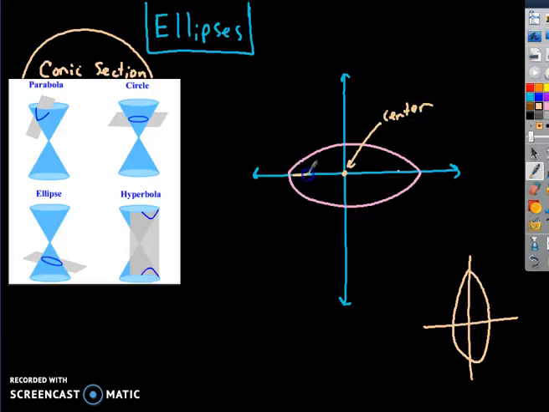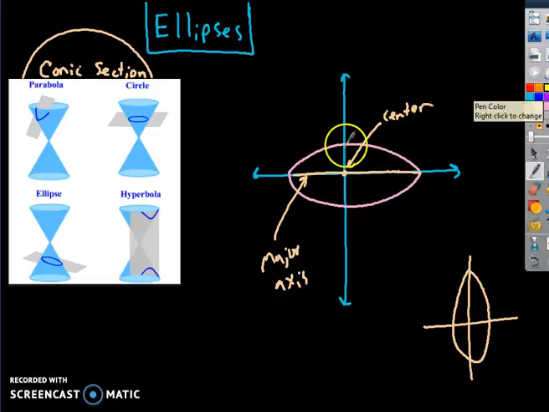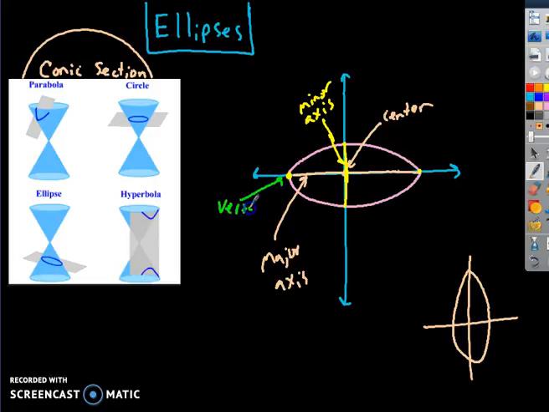Along the center, we have this axis, which is called my major axis. The shorter version, connecting this point to this one, we'll call my minor axis. Now, the points on the outside that are furthest away are called my vertices.